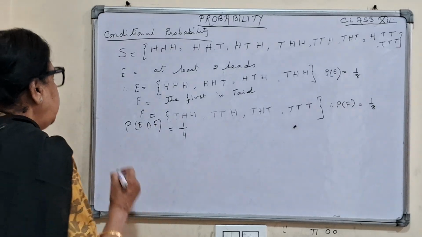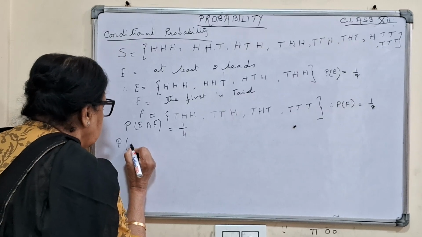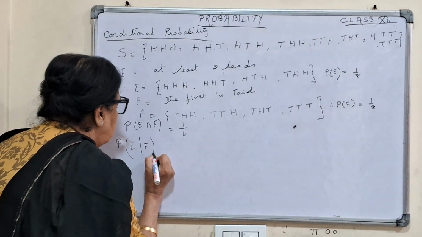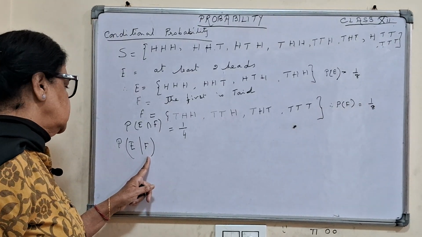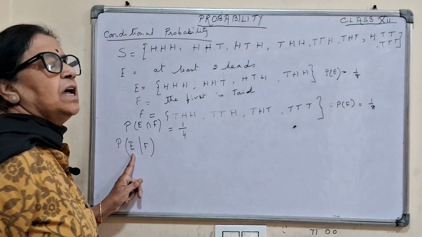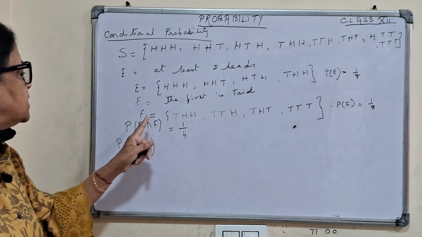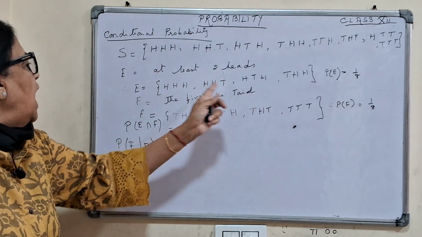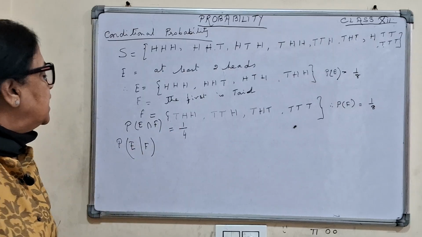Then P of E given F. What do you mean by conditional probability? If F occurs, then what is the chance of E occurring? This is F and this is E. How many are there? There are only THH there.